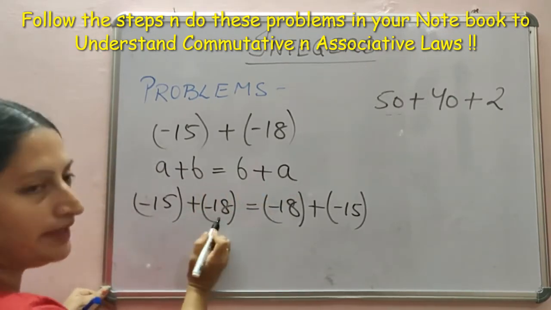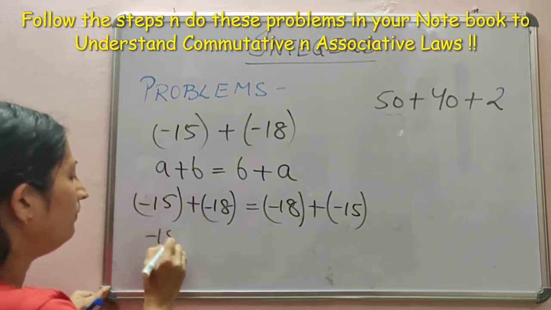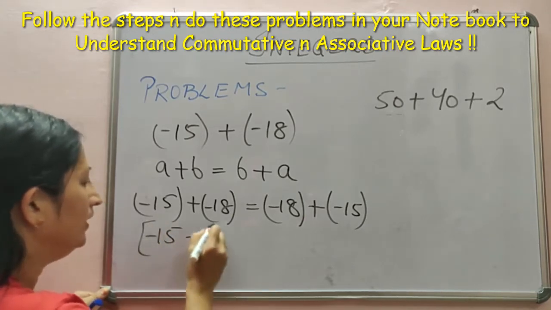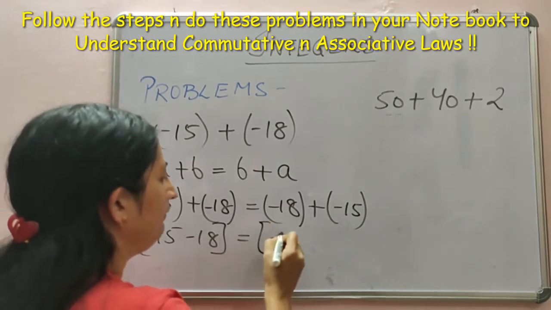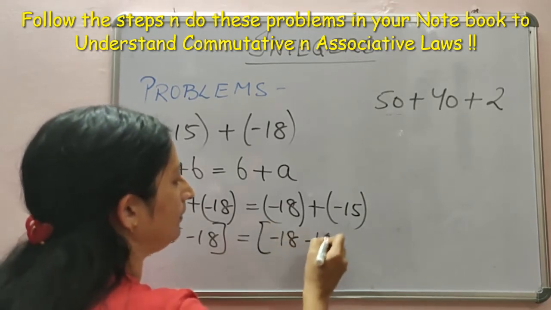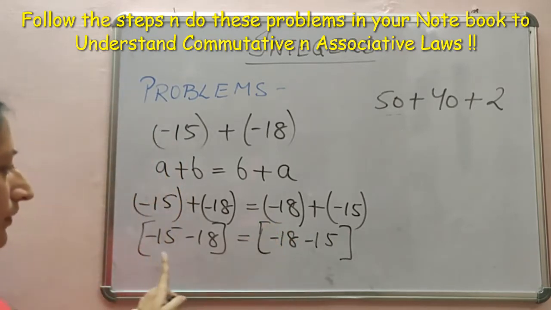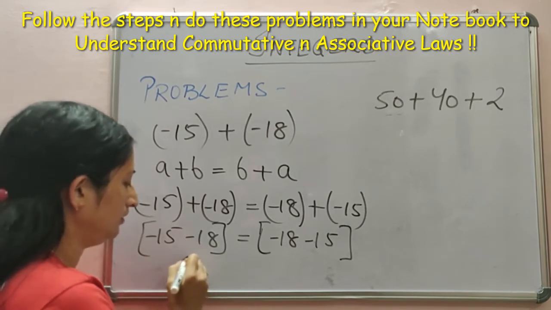As you know, plus minus sign is there, so minus sign will come. So we can open the brackets and we can write minus 15 minus 18 on the left hand side, and same way on the right hand side we can write minus 18 minus 15. So what will it become? Let's do that.